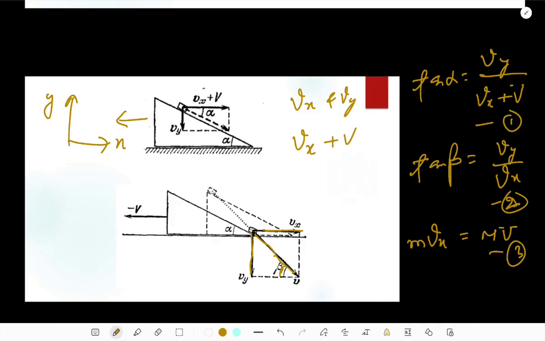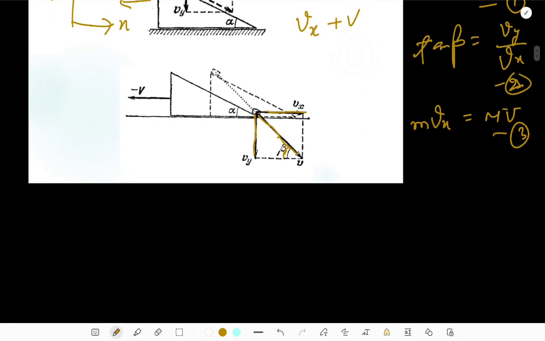As you know, the initial mechanical energy was potential energy only, and that was mgh associated with the block, and at any moment this will be equal to the potential energy and kinetic energy of the system.